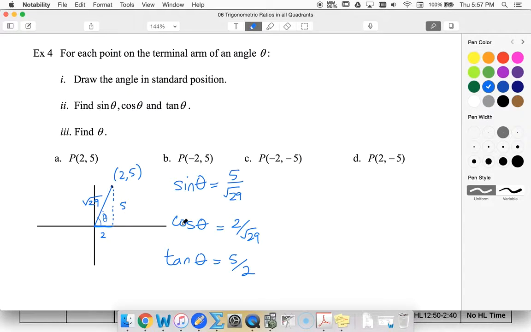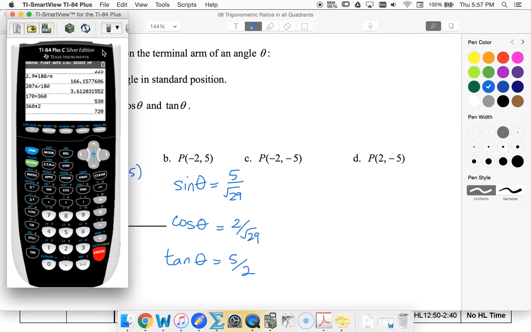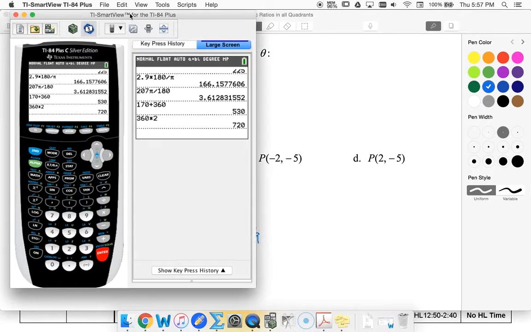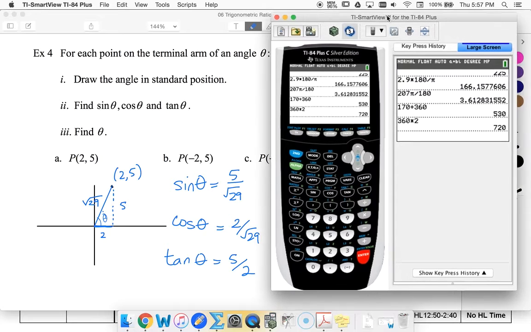If I want to find theta, I can use inverse trig function for any of these, and I'm going to get the same value. So let's look at our calculator here.